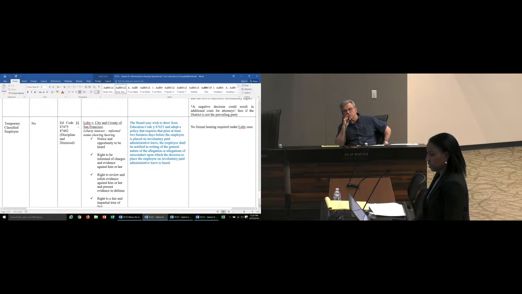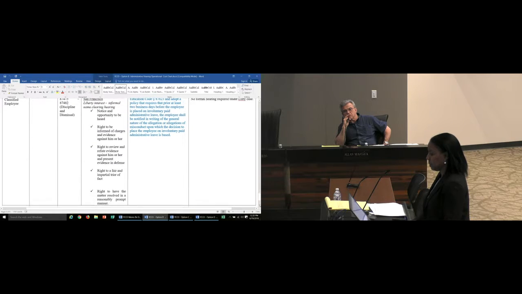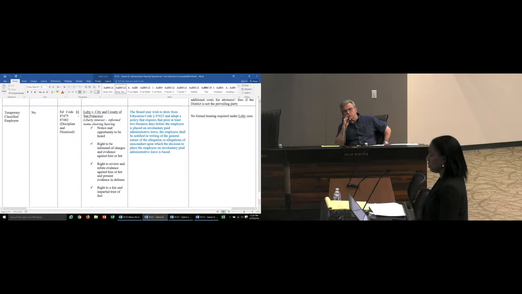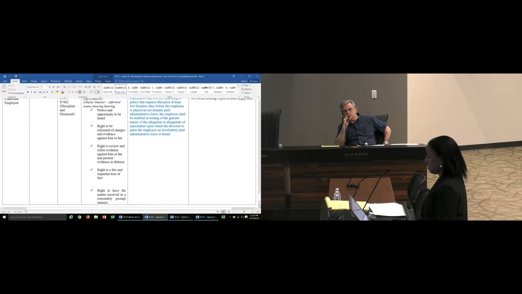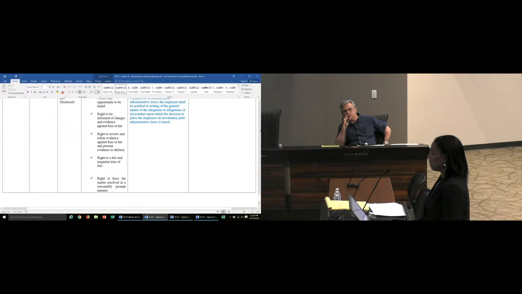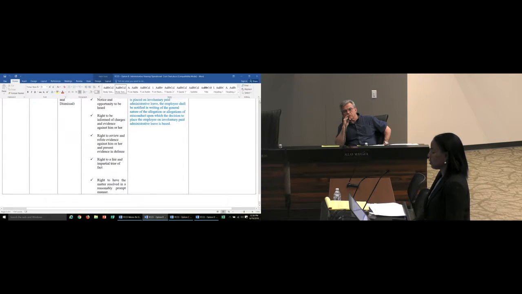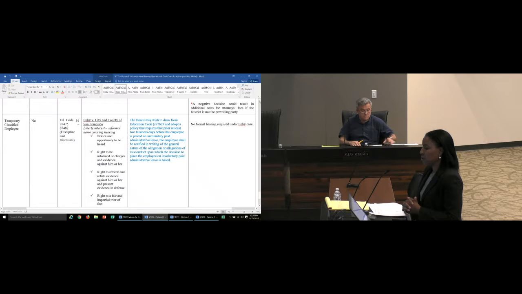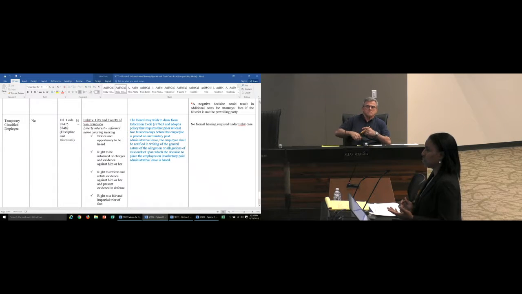And the temporary classified employee, you have the academic faculty rights that are provided under the new statute, 87-623, but there's no formal hearing required other than the name clearing hearing, which could be something informal like it was in the Luby case, which was the officers they should have been called into the office before they were let go and told what the issues were and have an opportunity to respond.